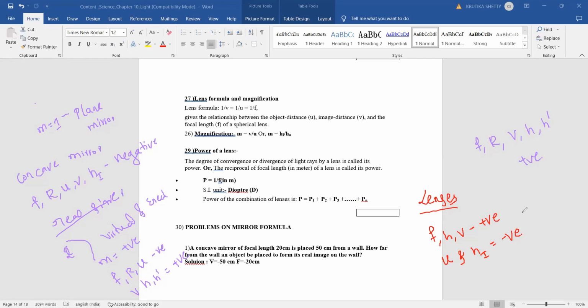This is for the convex lens. So convex lens is the real and inverted images. You have to consider all these points.